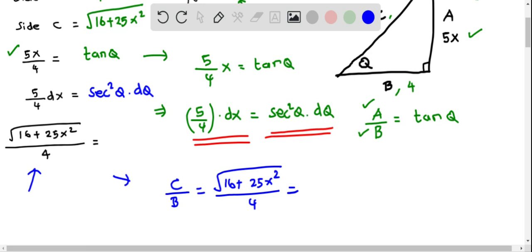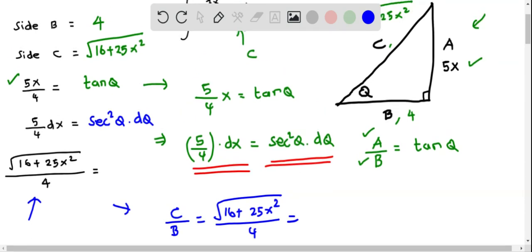And in terms of trigonometric ratio, this is basically secant of theta, because secant theta is hypotenuse over adjacent side, and c is the hypotenuse and b is the side adjacent to angle theta. So we say that this expression equals secant theta. I'm going to write it down over here.